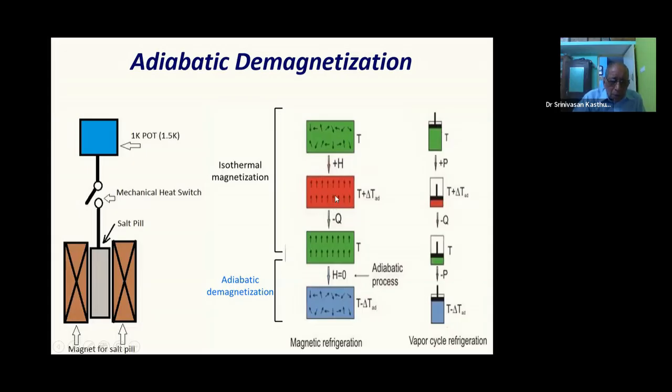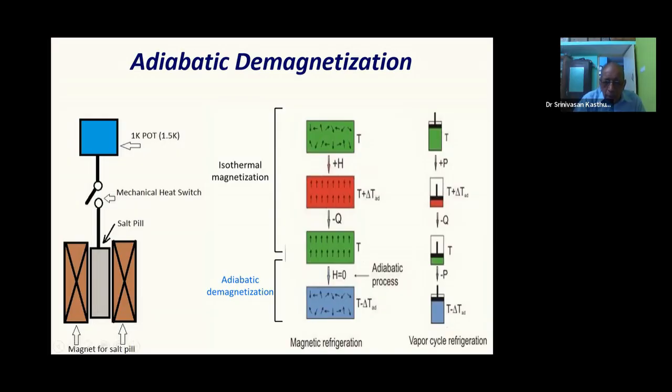Because of the process of alignment of the dipoles, the temperature of the system rises from T to T plus delta T. Now you keep these dipoles in this magnetic material and remove this extra heat by placing it in a surrounding where the temperature is the same as the original temperature T. By decreasing this heat energy, the aligned dipole system now reaches the same temperature as the initial temperature.